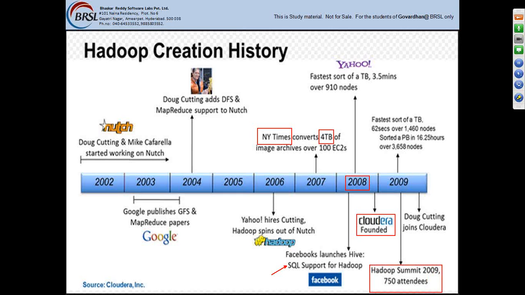There was a summit in 2009 where 750 attendees or companies attended. Recently, last year, 4,500 companies showed interest and teamed up, and Doug Cutting and the team have joined Cloudera. Cloudera and Capgemini are now teaming up and doing a lot of work in India, so there's a lot of hiring going on.